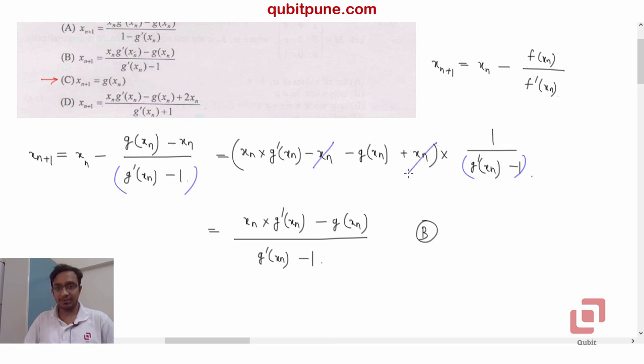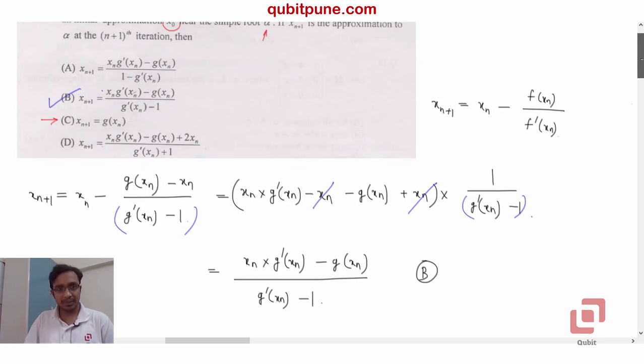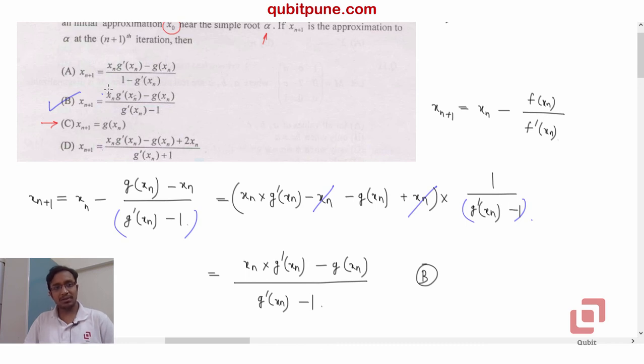That will lead to cancellation of these two, and there we get our answer as xn into g dash of xn minus g of xn divided by g dash of xn minus 1. You have to pick the option very carefully: xn into g dash of xn minus g of xn upon g dash of xn minus 1. So it is option B. Why not option A? It is not option A because in option A the denominator has the opposite sign to that of our denominator.